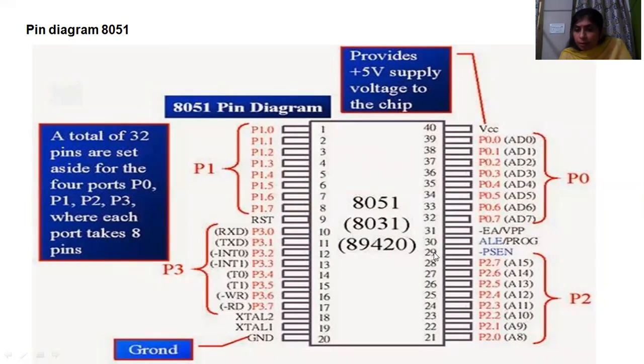Then pin number 29 and pin number 30, address latch enable. Then pin 31, VPP supply. Then pins 32 to 39, port 0 is there, and pin 40 is for VCC supply. This provides plus 5 volt supply voltage to the chip.